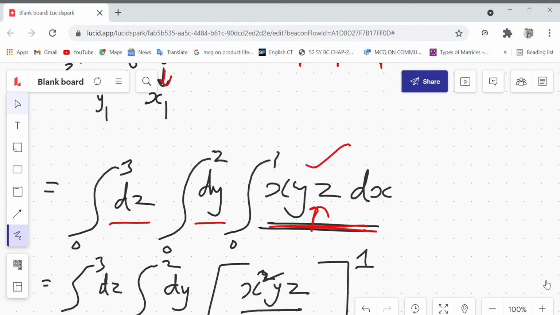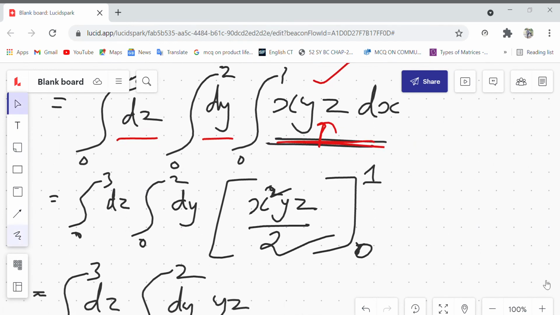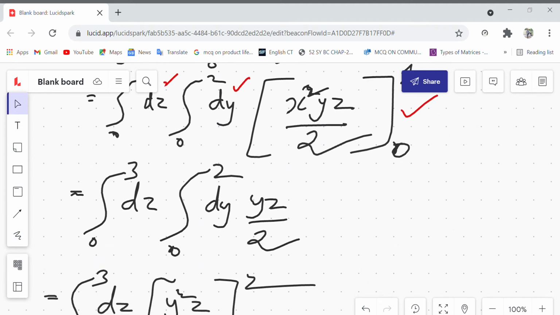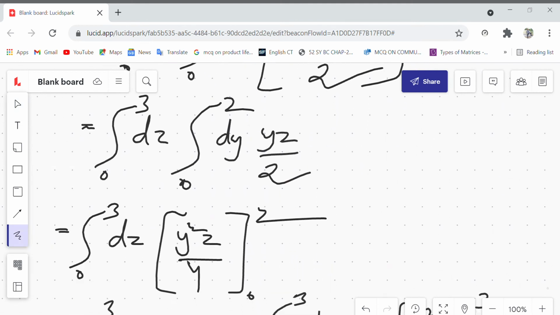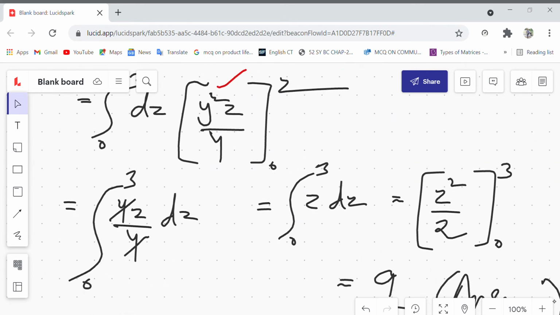So now we have calculated this one. Here integrating xyz dx is x square yz divided by 2. These two remain the same for now. Then this was yz by 2. Then on again integrating this one, this would be y square z by 4. Now it's time for dz.